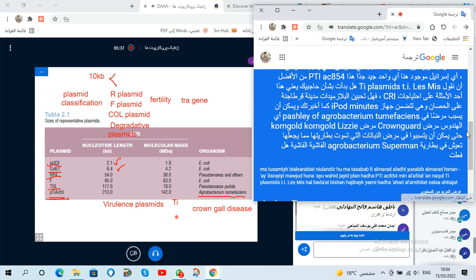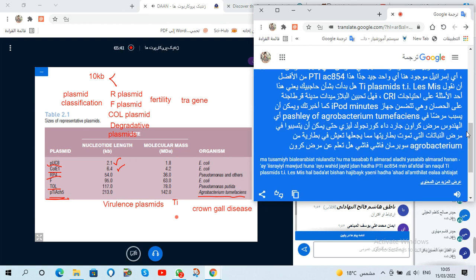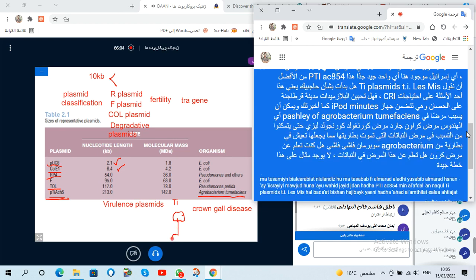Did you know about crown gall disease? Do you know about this disease in plants? For example, this is a plant.